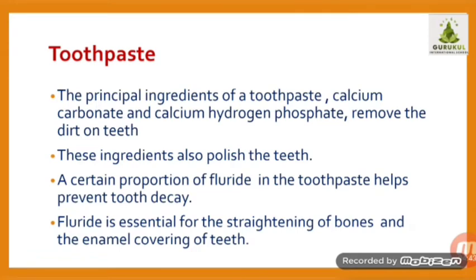Later on, toothpaste was made using a chalk-like material, and the first commercial toothpaste was made by the company Colgate in New York City in 1873. Correct? This Colgate company, which exists even today, was the first company to start commercial toothpaste.